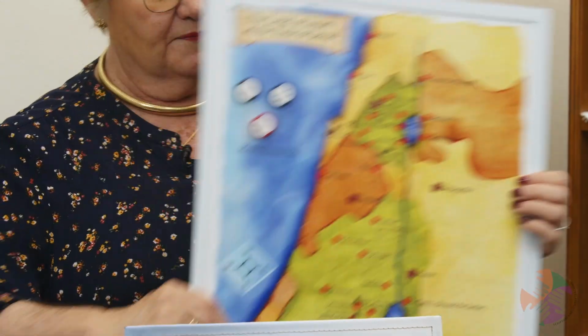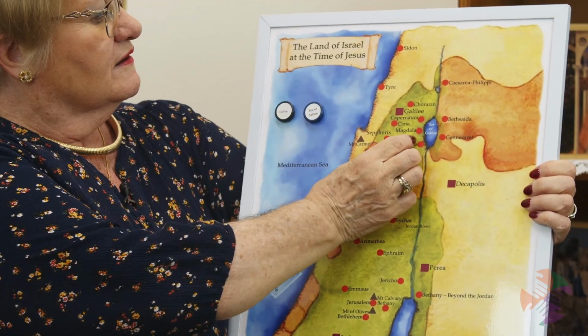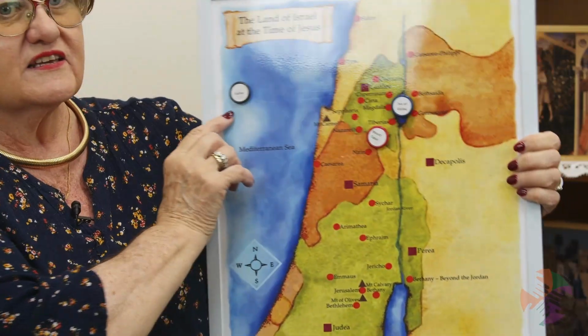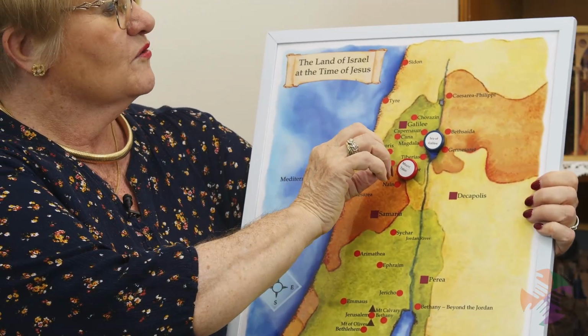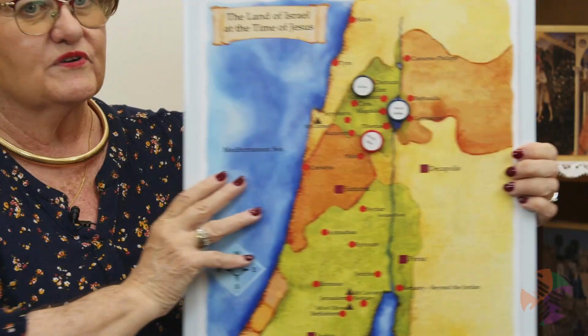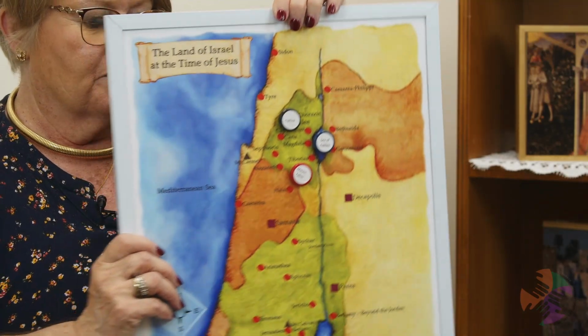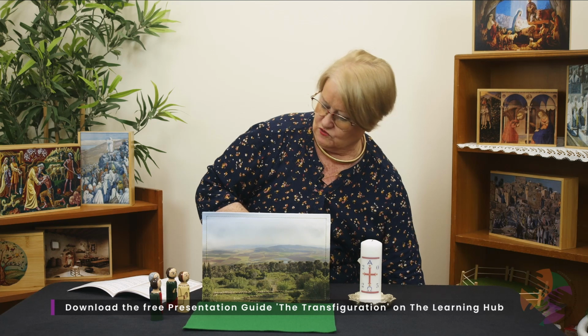It's in Galilee, and Mount Tabor is here, and you can see where it is in relation to the Sea of Galilee and the region of Galilee itself. This is the region of Galilee. So that's where Mount Tabor is, and it's always been held to be the place where this event took place.